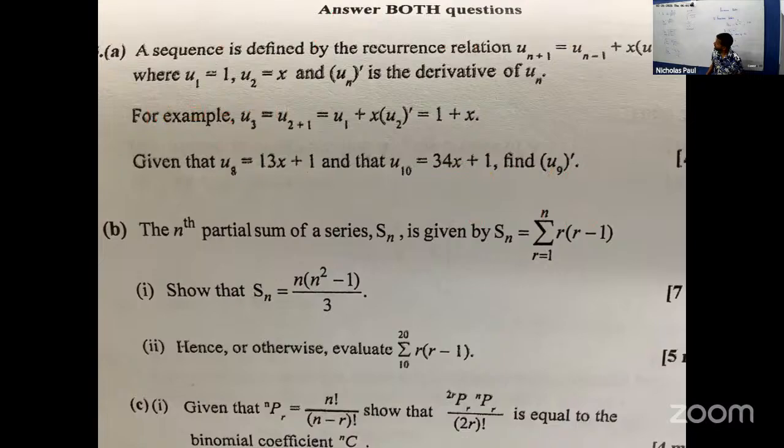Part E only, right? Part B is series, I mean. 2016.